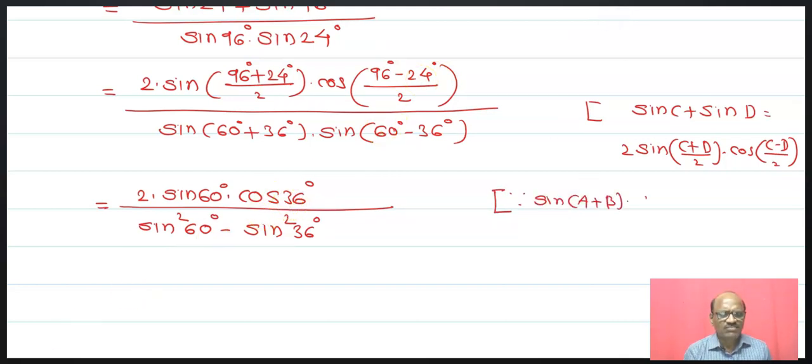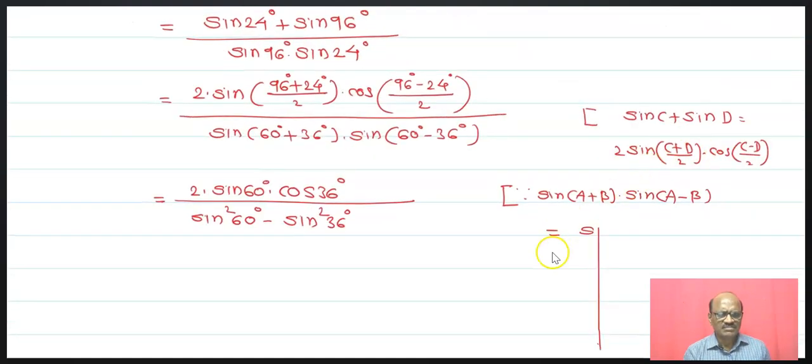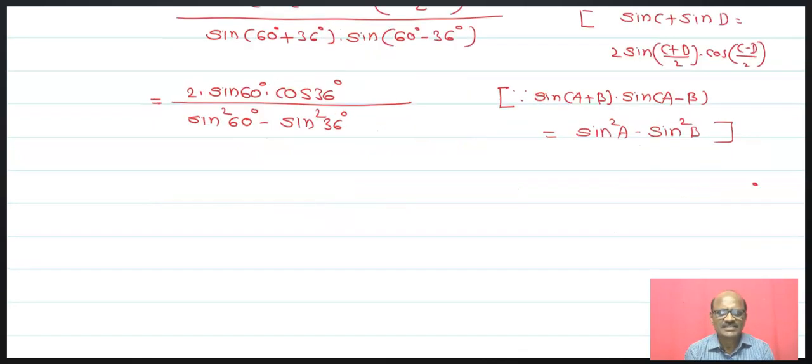Now again there is one more important formula. What is that formula? The formula is sine of a plus b into sine of a minus b equals sine square a minus sine square b. Now see this, sine square 60 minus sine square 36. That is 2 times.